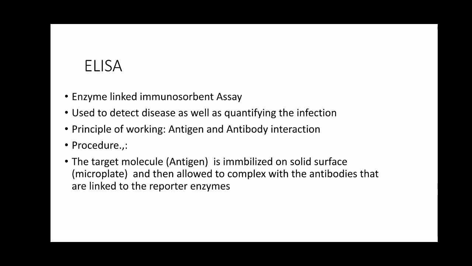For quantification, to know how much infection is present, these antibodies are immobilized on a solid surface or microplate, which is used in molecular biology labs. We immobilize the antibodies, and then they are allowed to interact with the counterparts.